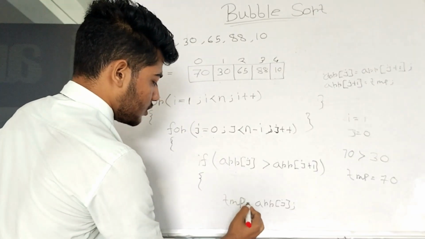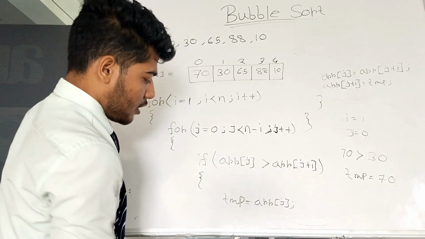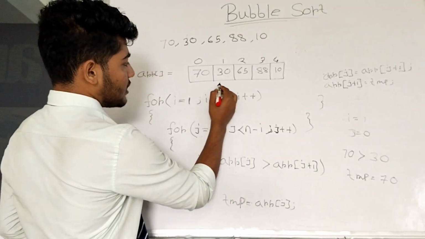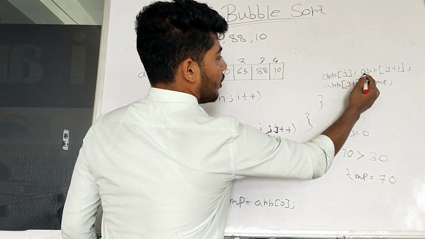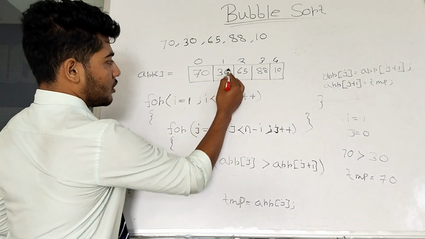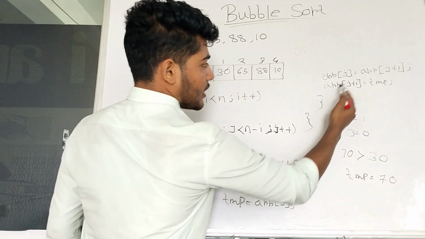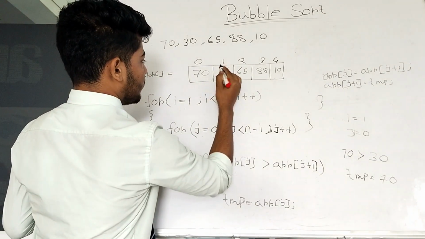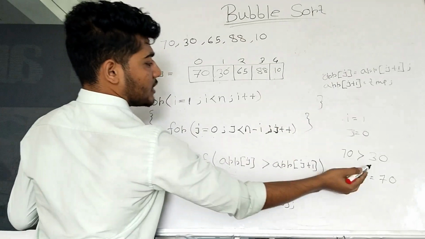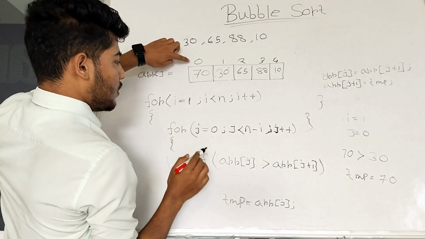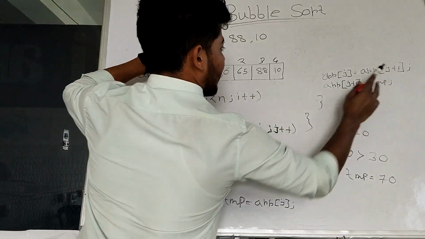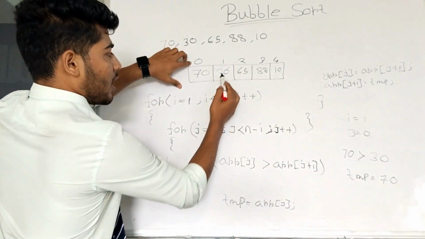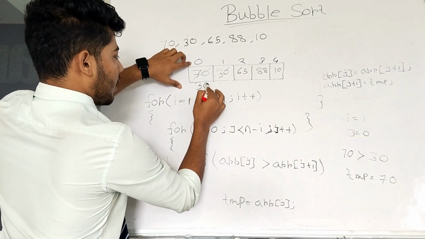This is the swapping condition. tmp equals arr[j]. tmp is 70. Then arr[j] equals arr[j+1]. arr[j] is arr[0], this position, and arr[j+1] is arr[1], which is 30, so 30 will come here.